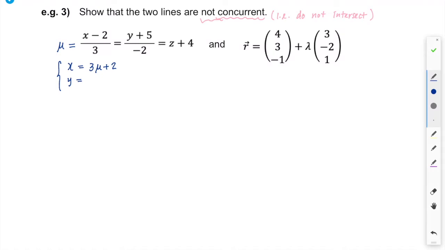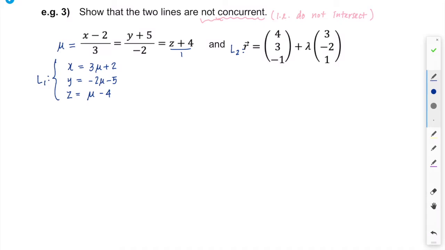Y is equal to negative 2 mu minus 5. And then z plus 4 over 1. So I have z equals to positive mu minus 4. And let me make this bigger. Okay, so here is line 1. And here is line 2.